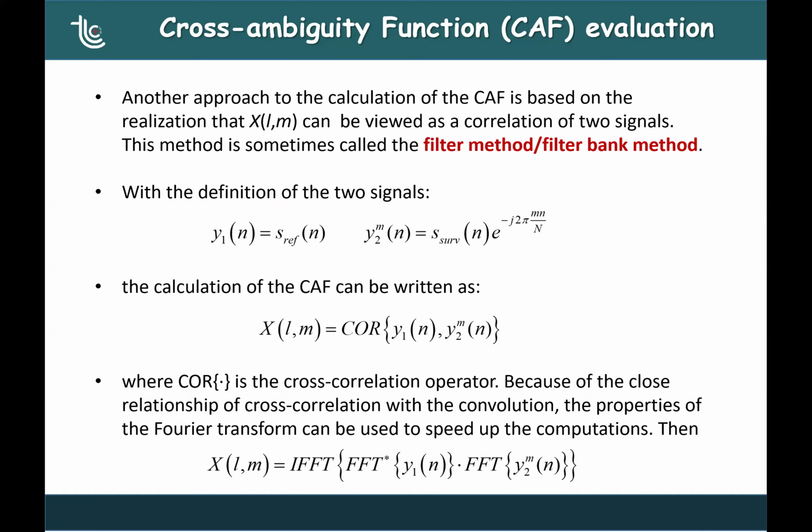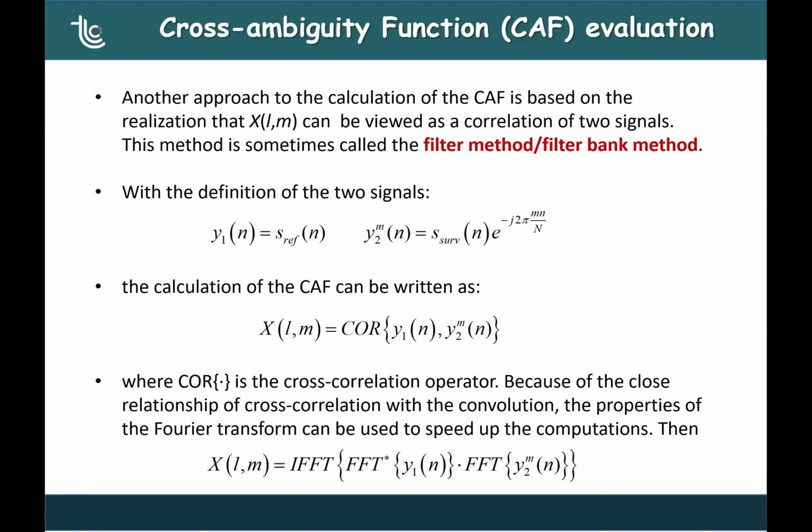Or we can interpret the cross-ambiguity function as the correlation between two signals, y sub 1 and y sub 2, and then we implement this correlation first going into the frequency domain through the FFT, because the correlation becomes a product between the fast Fourier transforms.